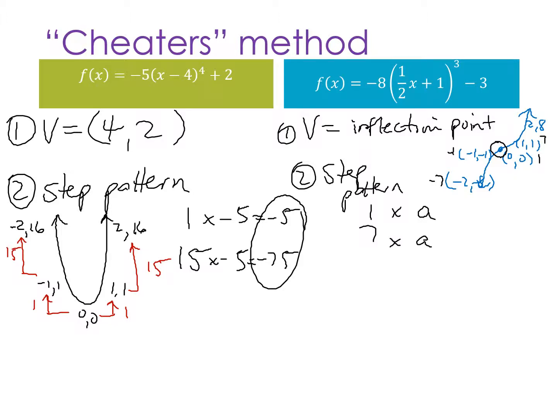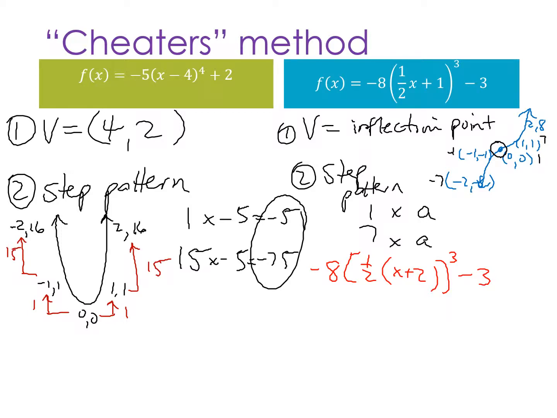So you have to get rid of that. And how you get rid of that is like this. We've already factored out that 1/2 before. So 1/2 x plus 2 all cubed minus 3.